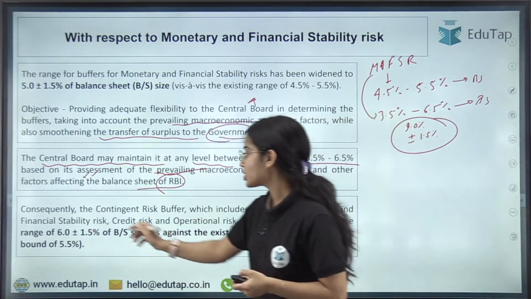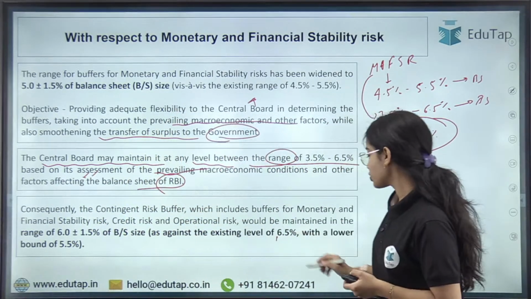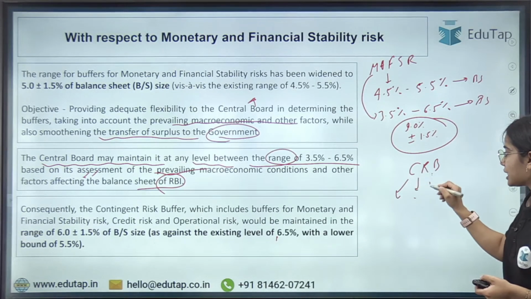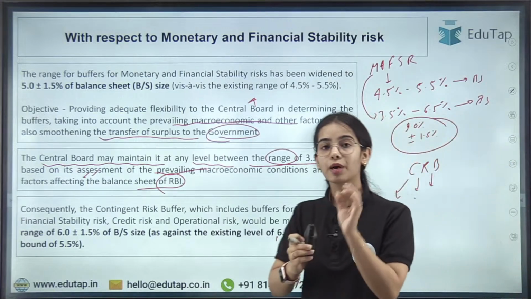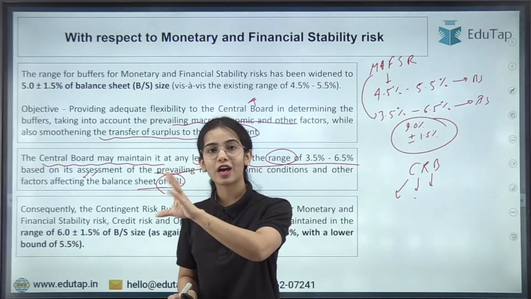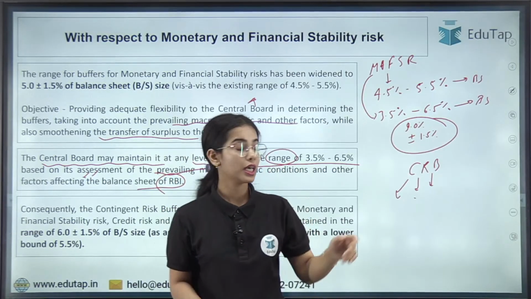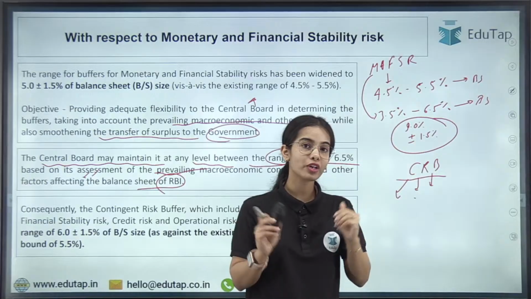Okay, so now see, in the contingent risk buffer, the market risk buffer is the revaluation balances. Revaluation balances provide for the market risk. Now this contingent risk buffer, what kind of risk is it for?